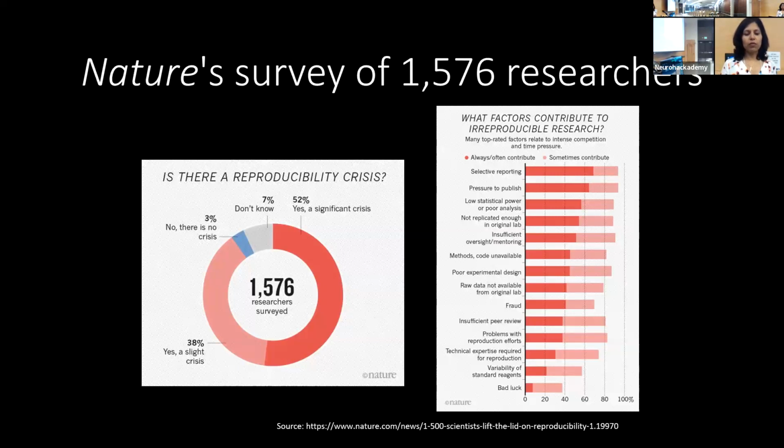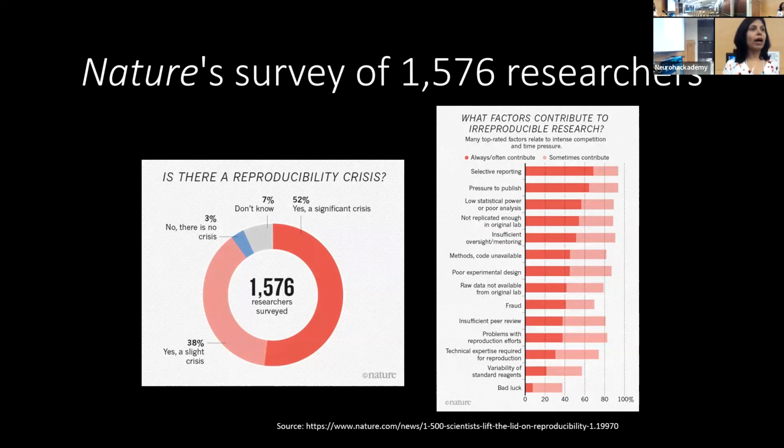If any one of you has been following the reproducibility crisis, or if you've been around this stuff, reproducibility is an area in itself that is studied by many researchers. Nature did a survey of 1,500 some researchers several years ago. And the question they asked was, is there a reproducibility crisis?